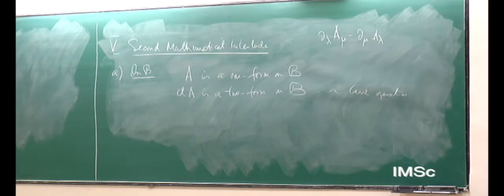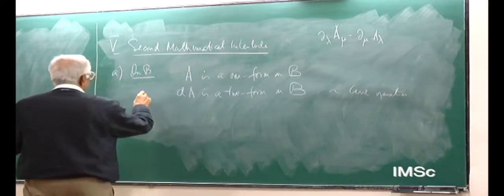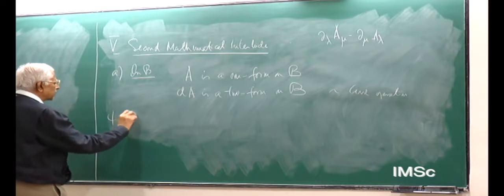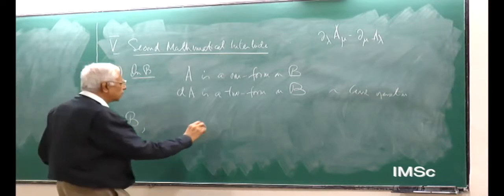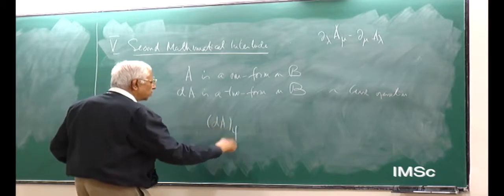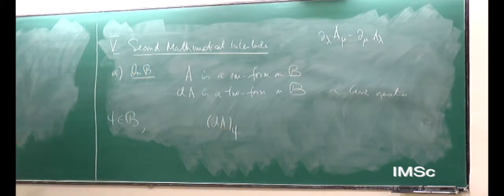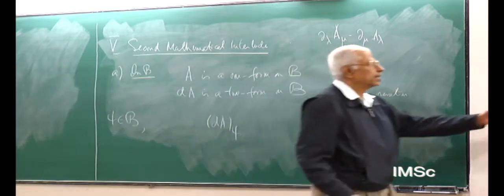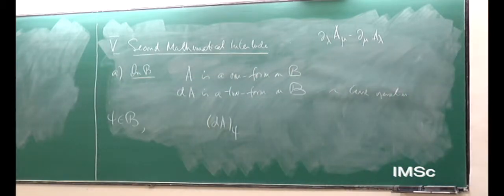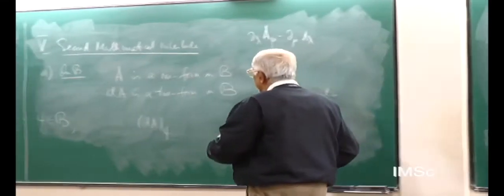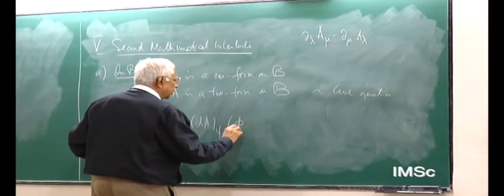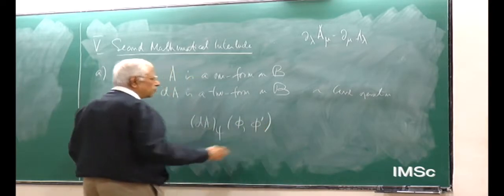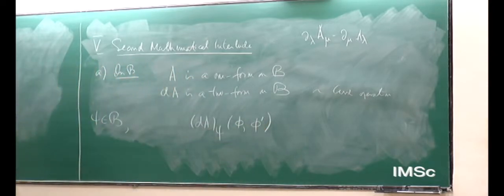And in this spirit, how is dA actually defined? This is very important. What we now say is that at each psi in the manifold, we want to say what is the curl, what is the exterior derivative of A at that point. Well, just as A was a linear functional on tangent vectors, its exterior derivative is a bilinear functional on tangent vectors.